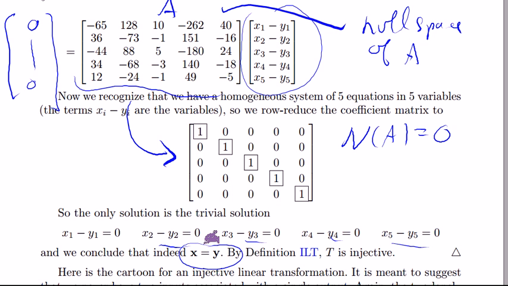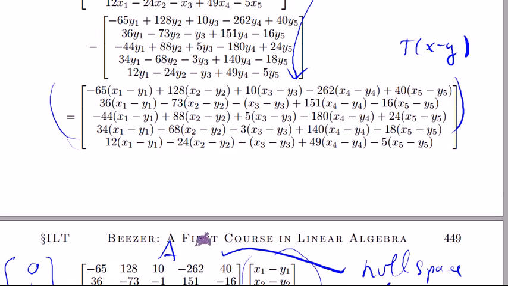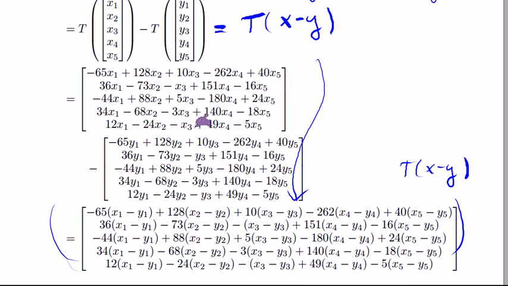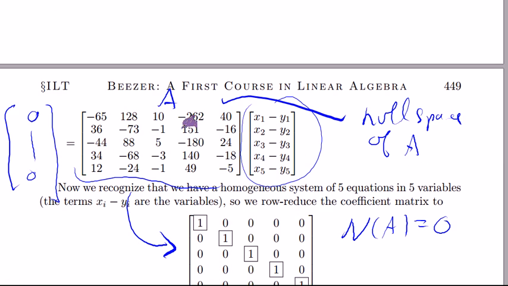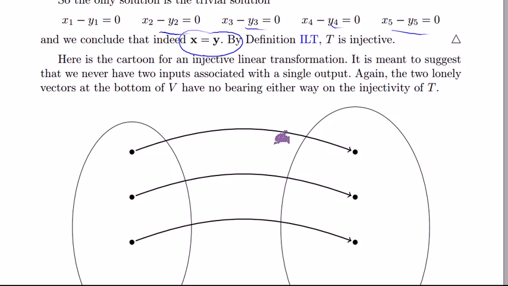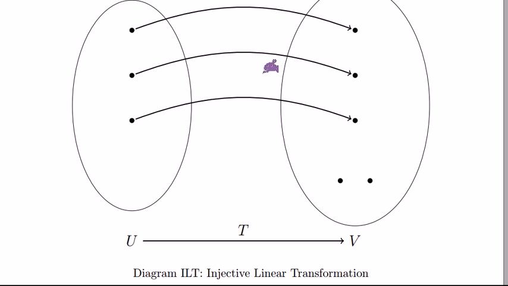So here we can see a very close connection between the notion of injective and the null space of the matrix associated with the linear transformation. In this case, the null space was trivial, so the linear transformation was injective. In fact, that's the general case: when you have a trivial null space, you have an injective linear transformation.